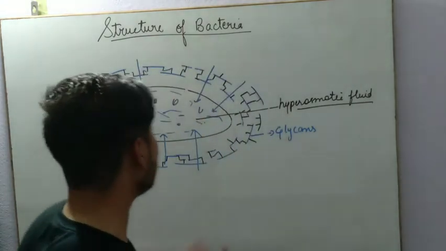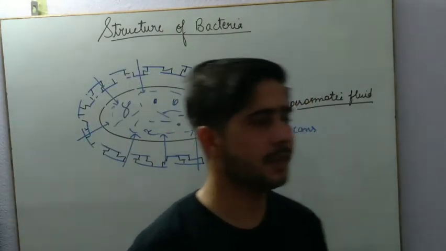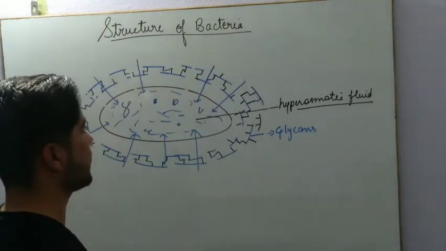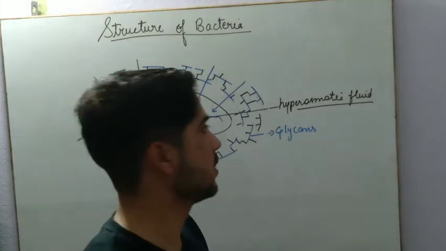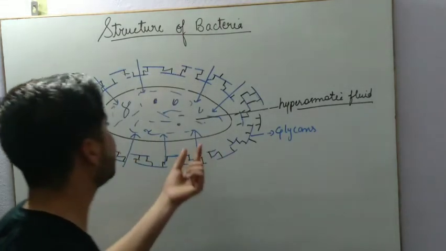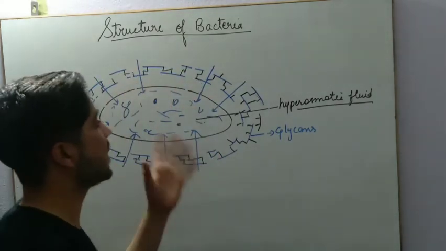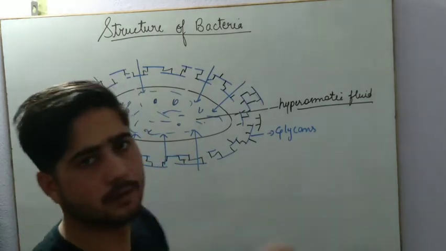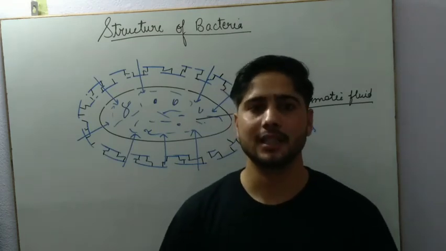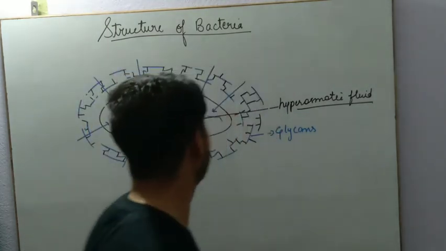This is the main cause that antibiotics like penicillin, when we consume them, and we know that there is hyperosmotic fluid, are not capable of disrupting this cell wall, and hence antibiotics are not capable of destroying the bacteria. But actually the main working of antibiotics is that they reduce or stop the growth of new bacteria.